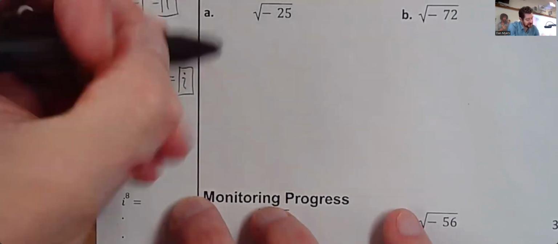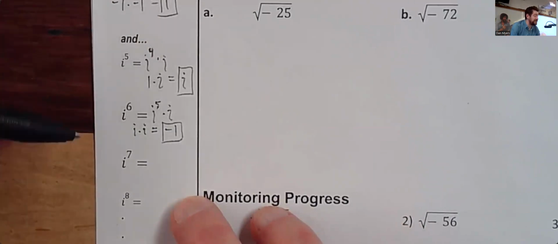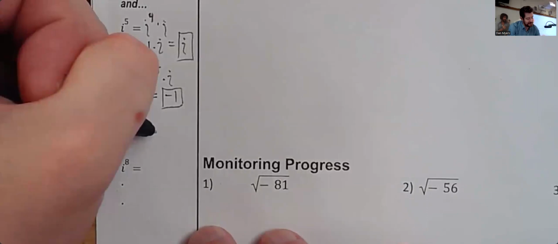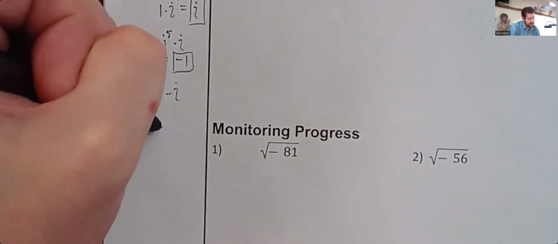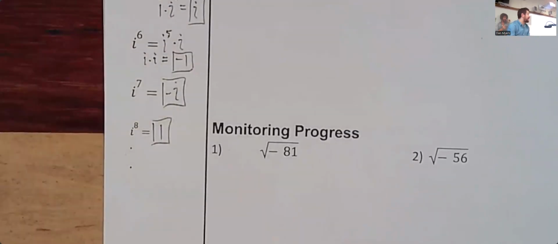But i squared is just -1, so that's -1. So i to the 2nd and i to the 6th are the same. I and i to the 5th are the same. So i to the 7th should be the same as i to the 3rd, which is -i. And then i to the 8th would be 1. So that pattern repeats itself.